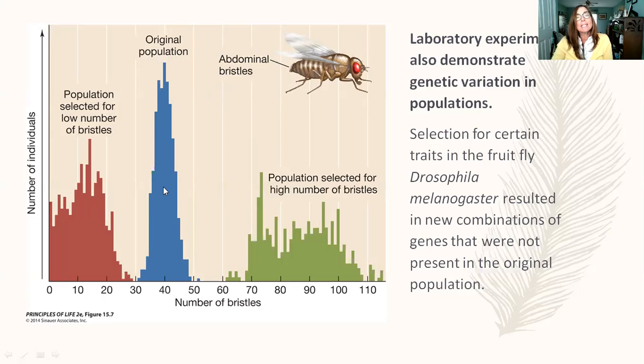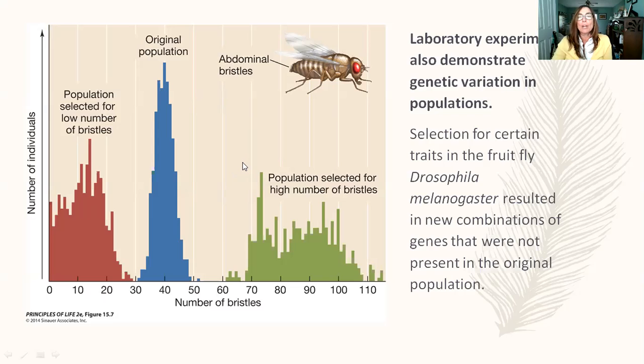And what they did is they just kept breeding the flies like we did in class. And when they found flies that due to mutation had an unusually low number of bristles or an unusually high number of bristles, they would choose to let those be the flies that got to mate and have offspring for the next generation.